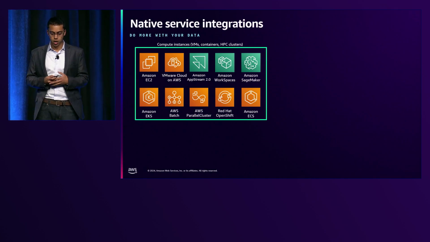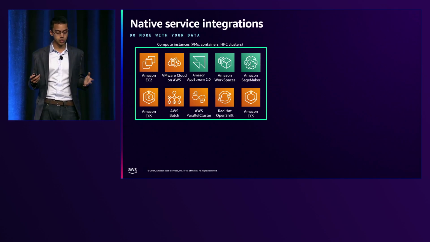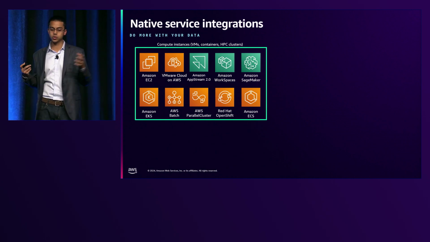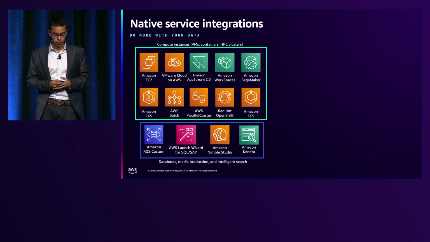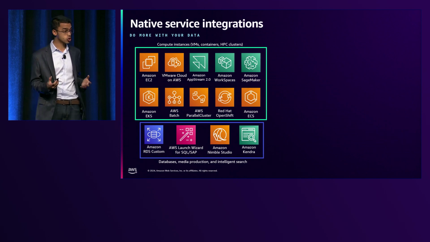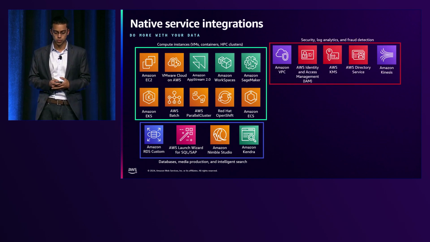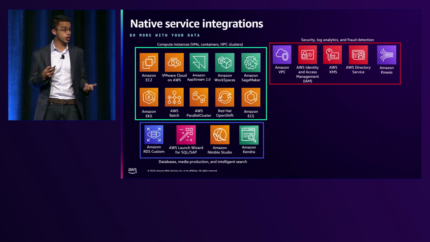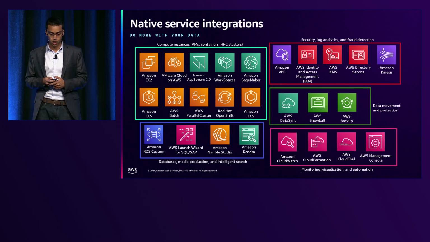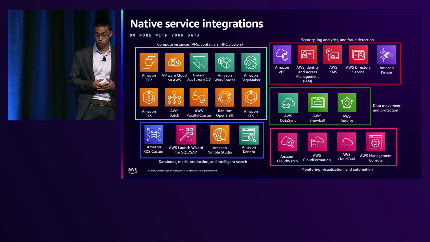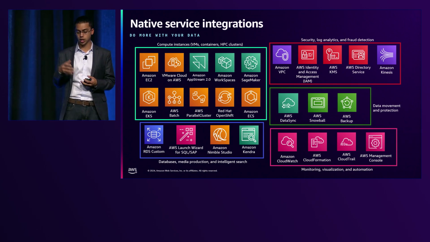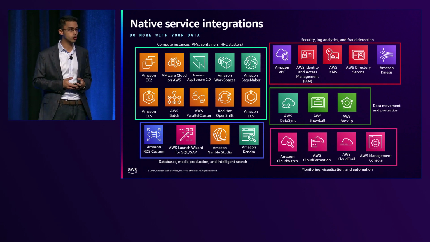So everything from being able to access their FSx file systems from different compute instances, from VMs, from containers, from HPC clusters, to being able to connect to their FSx file systems from different database or media production or search services that AWS offers, being able to run services for security, log analytics, fraud detection, being able to use data movement and data protection services, things like AWS DataSync and AWS Backup, as well as monitoring, visualization, and automation, things like Amazon CloudWatch and AWS CloudTrail.